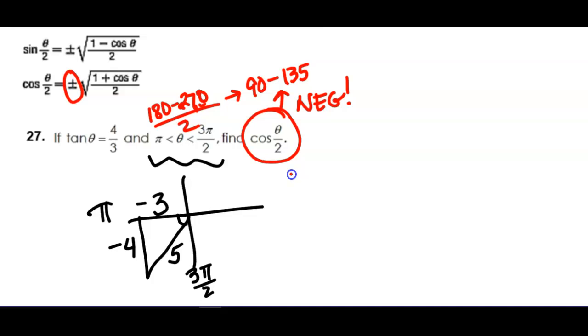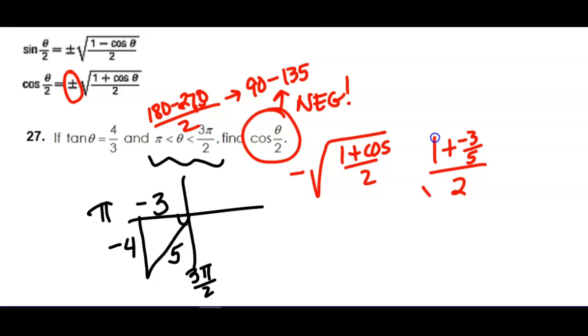All right, so I'm going to have negative square root of 1 plus cosine over 2. In this particular triangle, the cosine is adjacent over hypotenuse, which is negative 3/5. And we want an exact answer, so we can't square root it on the calculator, but you could do this calculation on the calculator.